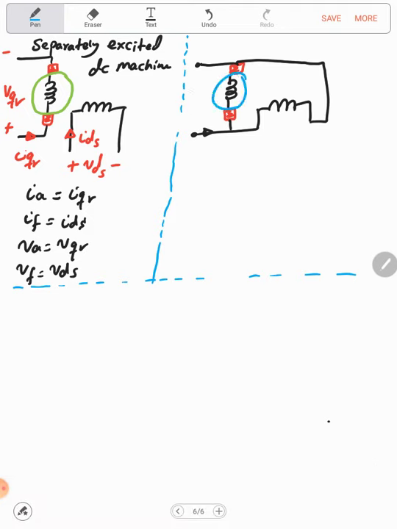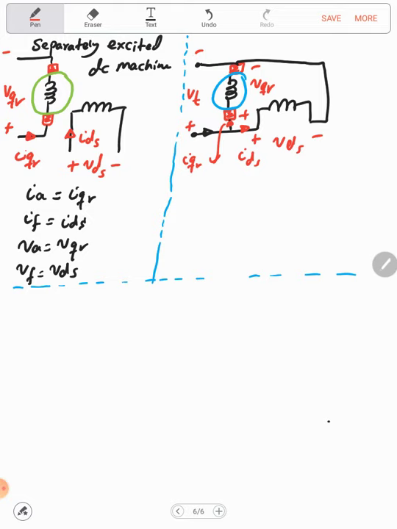So here we're having the plus minus V terminal. This will be the plus minus V ds. This will be the I ds, plus minus the V QR, and this will be the I QR.